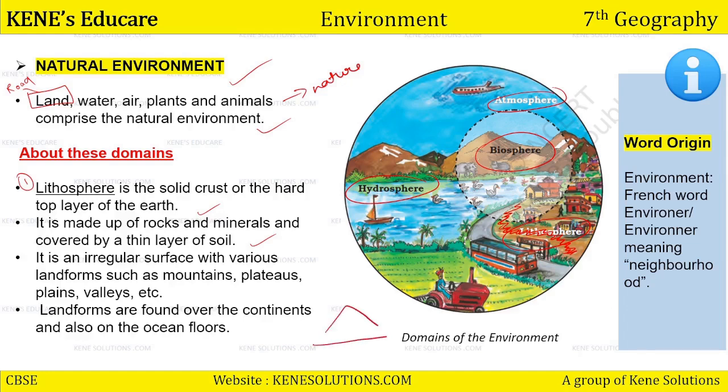Irregular मतलब कभी ऊपर है, कभी नीचे है, कभी plain है, कभी ऐसा. Could be anything. It is an irregular surface with various landforms such as mountains, plateaus, plains, valleys, etc. So ये मत सोचना that mountains are only mountains. They are not lithosphere. Lithosphere is any hard top layer of the earth.